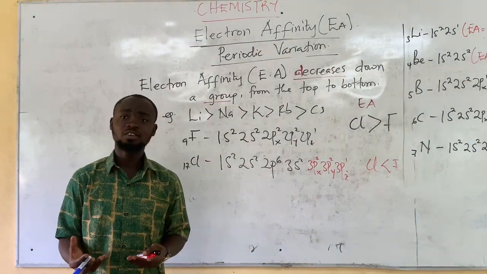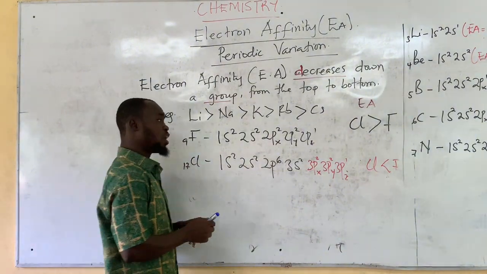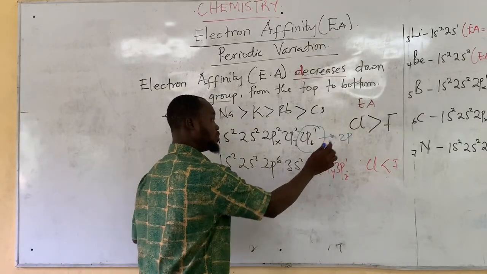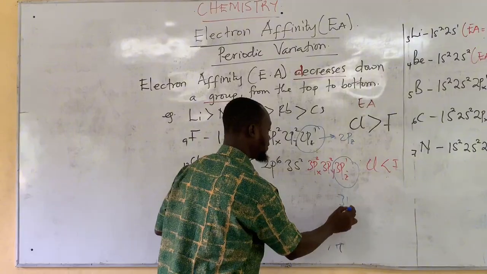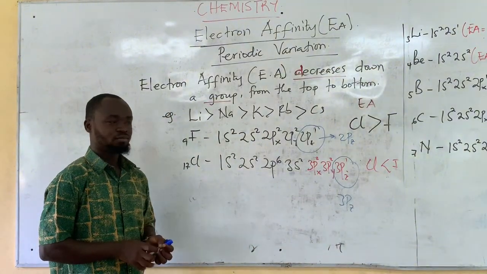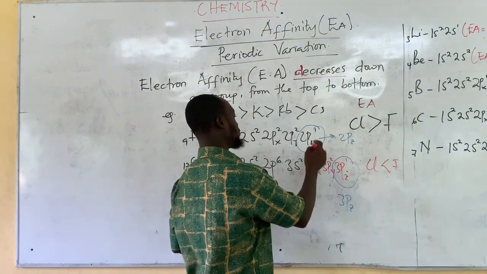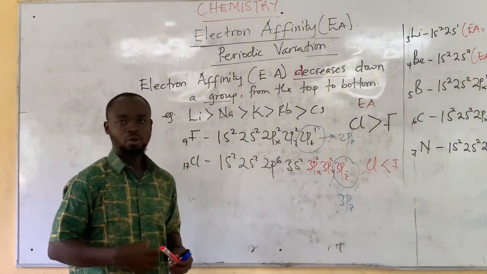If I want to add an electron to fluorine and then chlorine, it will be accommodated by the 2pz orbital in fluorine, and it will also be accommodated by the 3pz orbital in chlorine. Is that okay? Now, the moment we add an electron to this orbital, there's going to be electron repulsion.